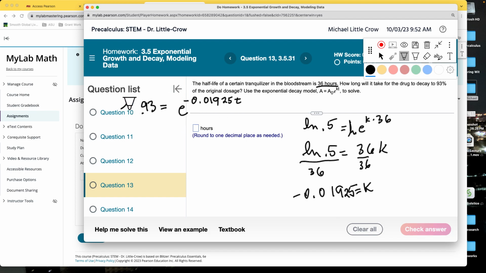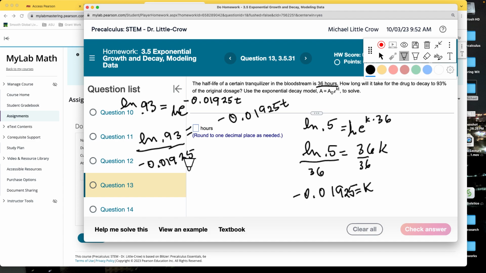So again, we'll take the natural log of both sides. We get the natural log of 0.93 equals negative 0.01925 t. So we're going to divide by negative 0.01925. That's what t is going to be.